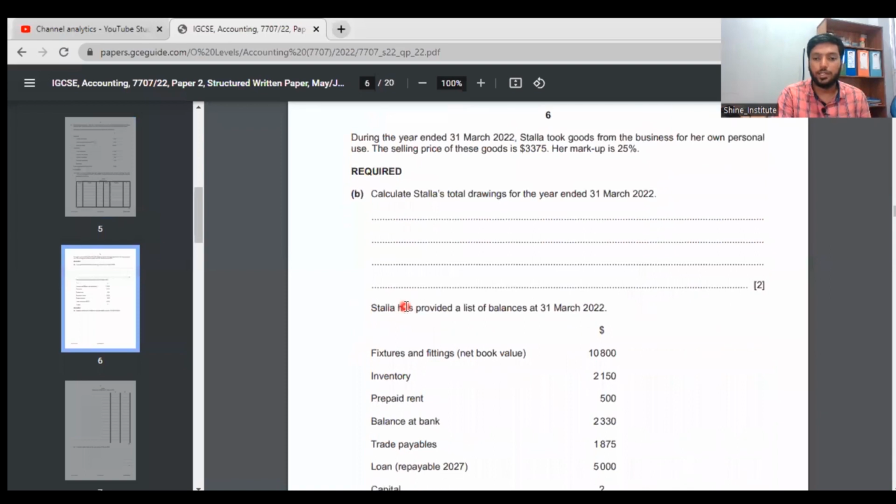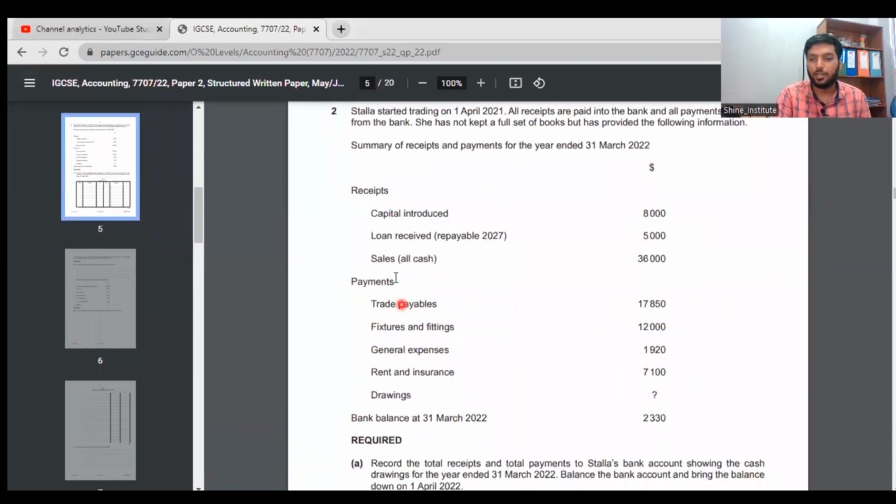First of all, they have given the cash receipts, so we can take the entire receipts: capital introduced 8,000, loan received 5,000 plus sales 36,000. I'm going to take all three together. For your understanding, let me write the date, because you need to be very specific with the date.